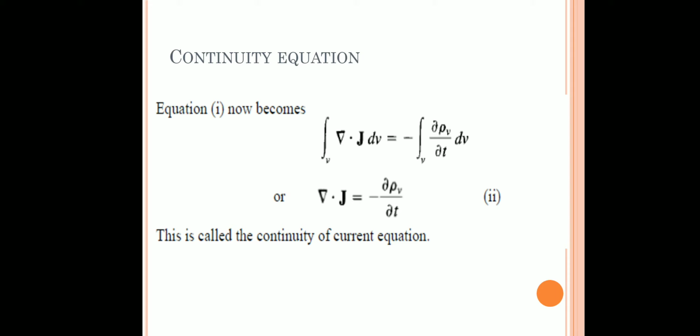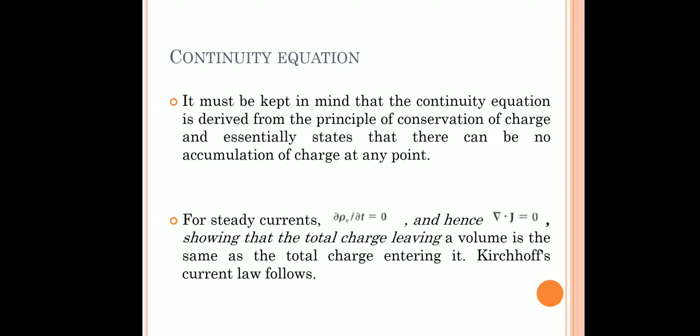While deriving this equation, it must be kept in mind that the continuity equation is derived from the principle of conservation of charge and essentially states that there can be no accumulation of charge at any point.